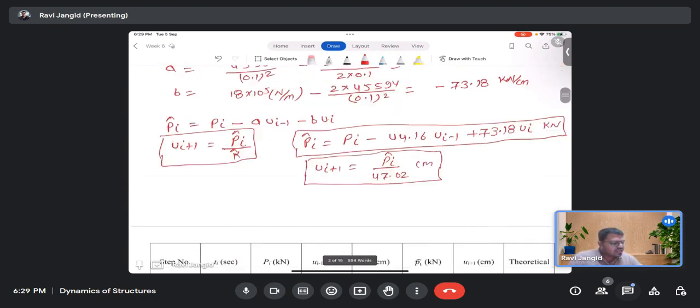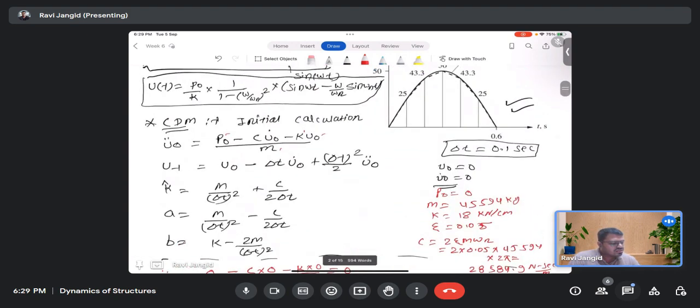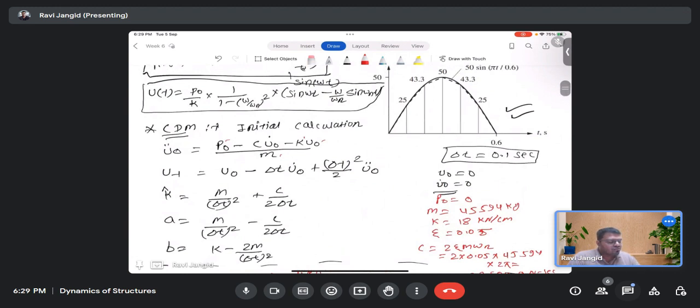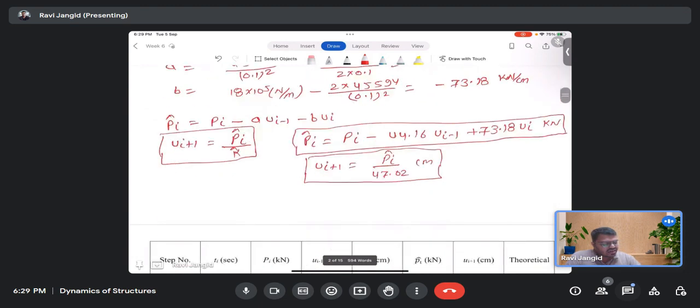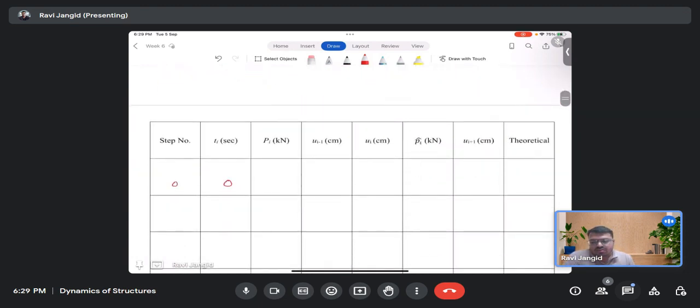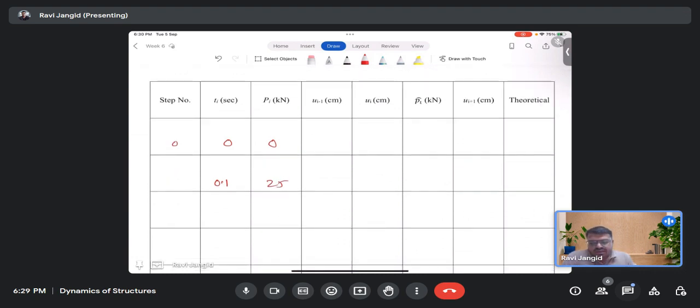And what is my pi from this? So let us write the force values at the i values. Initially, at 0, pi will be 0. Then it will be 25 at the point 0.1. It is 25.